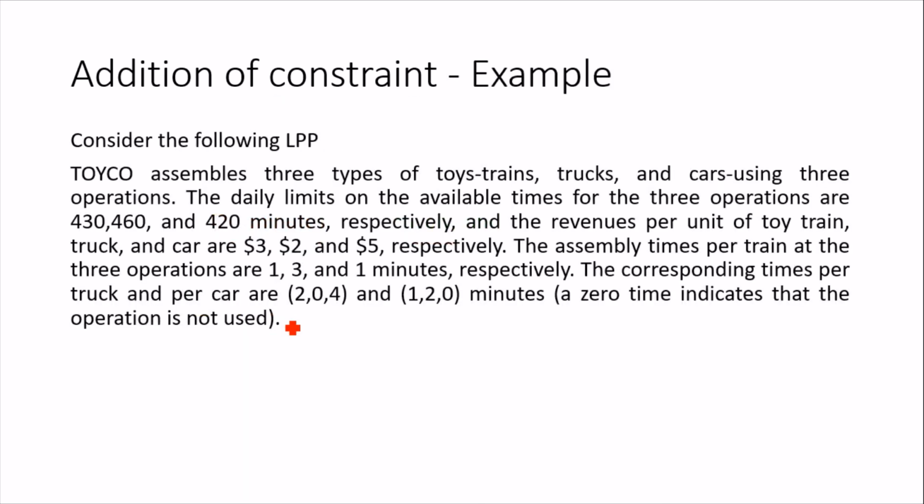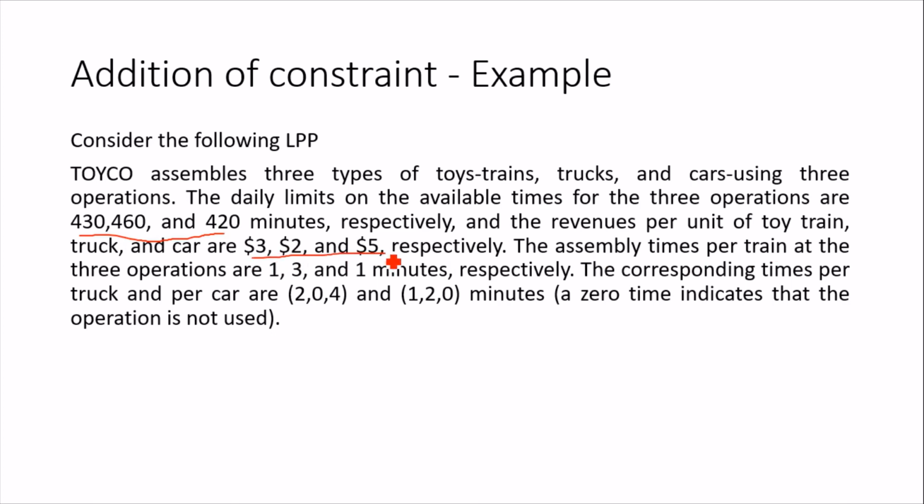Here I have taken the same example which we discussed in the last lecture in the case of changes in right hand side. This is the example of Toyco company, which is assembling three types of toys, trains, trucks and cars, using three operations. These are the available times for the three operations, the revenues per unit of each toy are also given, and then the assembly time per toy at the three operations is also given.